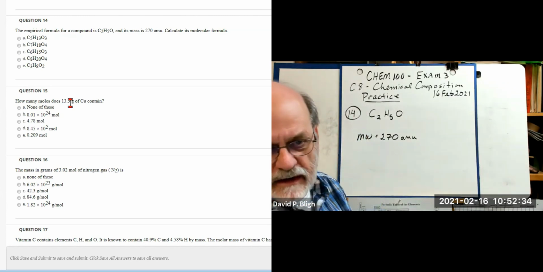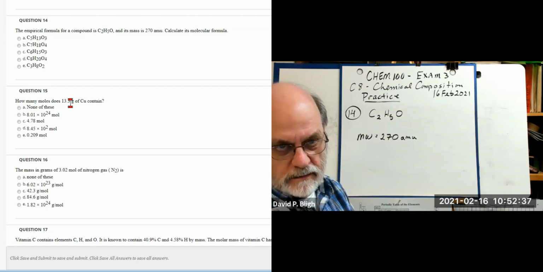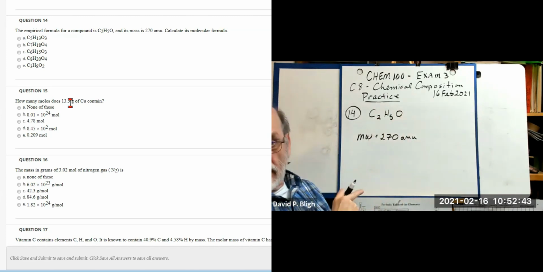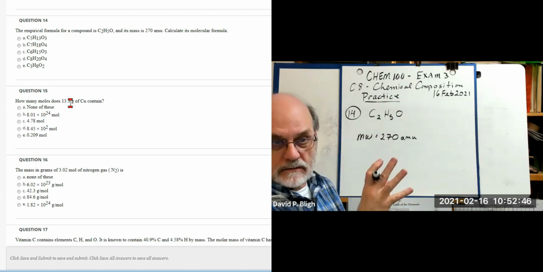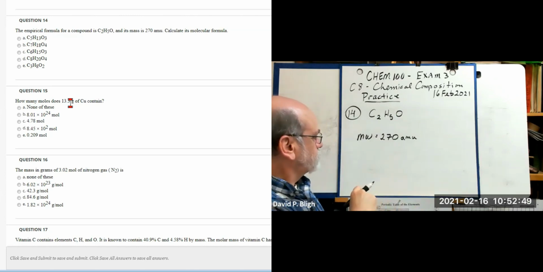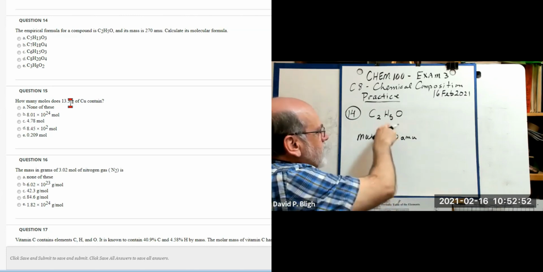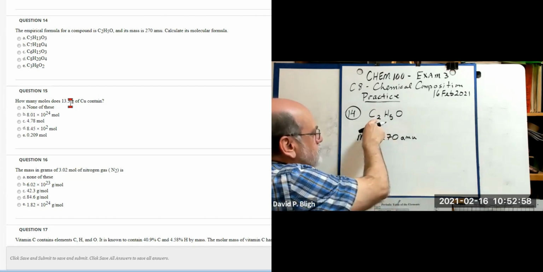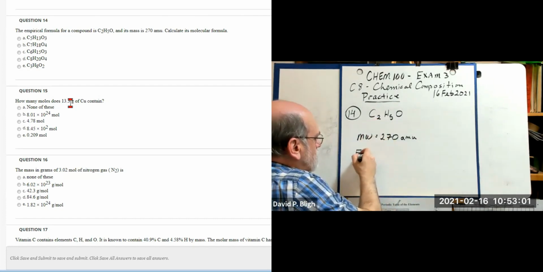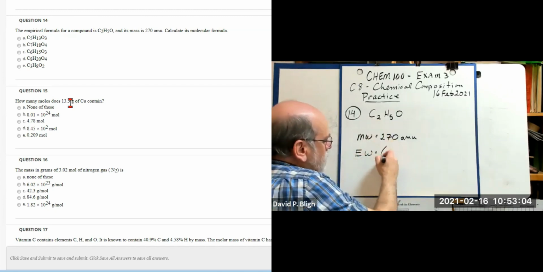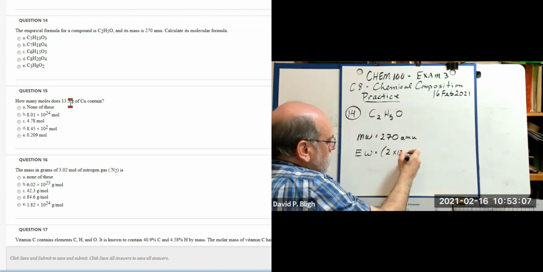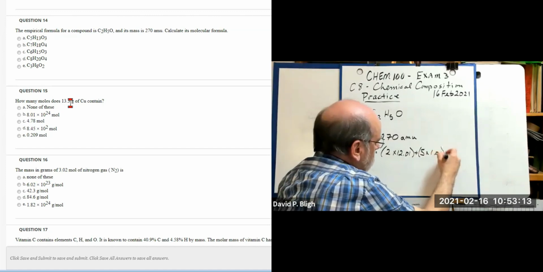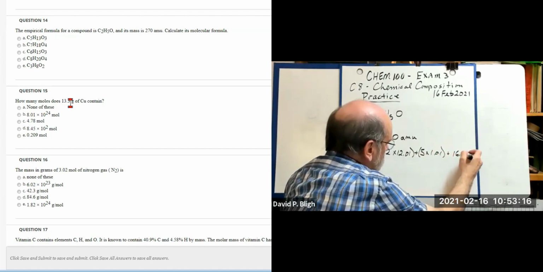So for 14, you've got C2H5O, and this is the molecular weight of the actual molecule. So what would be the weight of this molecule in atomic mass units? Well, you need 2 times 12.01 plus 5 times 1.01 plus 16, right?